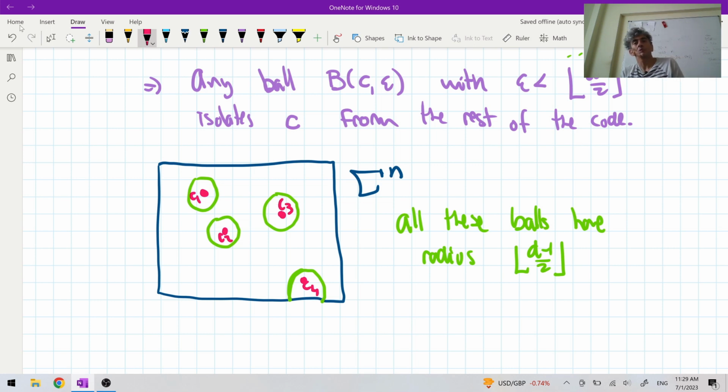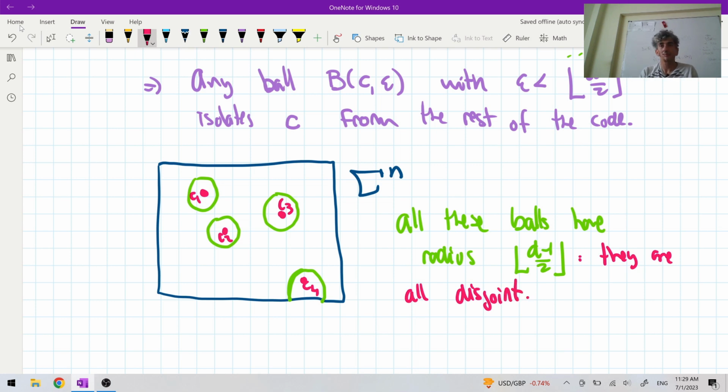So that's the distance of a code. That's the minimum of the distance between any two code words. And this allows us to cover the code with finitely many disjoint balls. They are all disjoint.